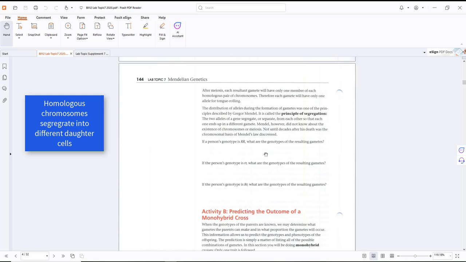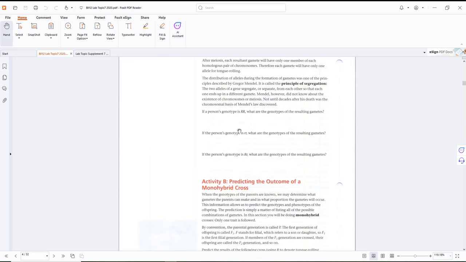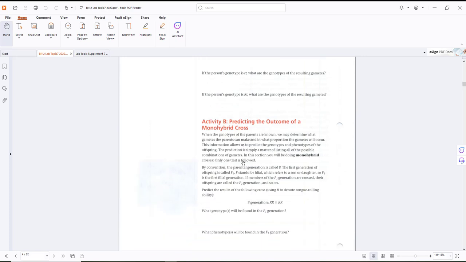That means that when we have big R, big R as a homologous pair, the resulting gametes will both have a big R. So this person can only have big R's in their gametes, whereas somebody who's heterozygous, half of their gametes will have a big R, half will have a little r. So understand what this means in relation to meiosis.